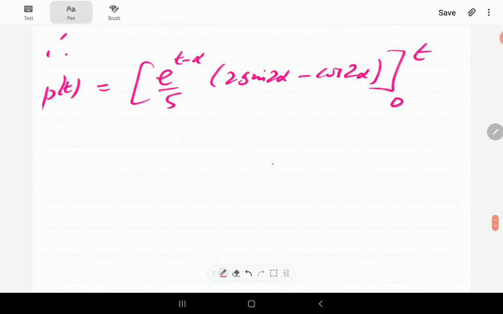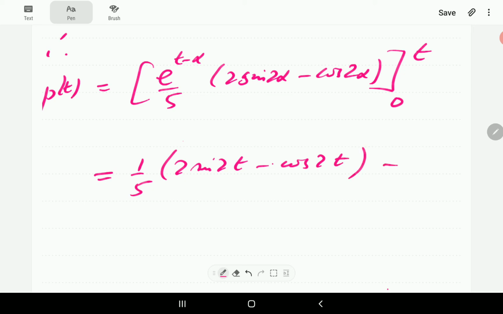So what's going to happen is when alpha is equal to t, this is going to be e to the power 0. So it's just going to be 1 over 5, 2 sine 2t minus cosine 2t. So that's the first term.